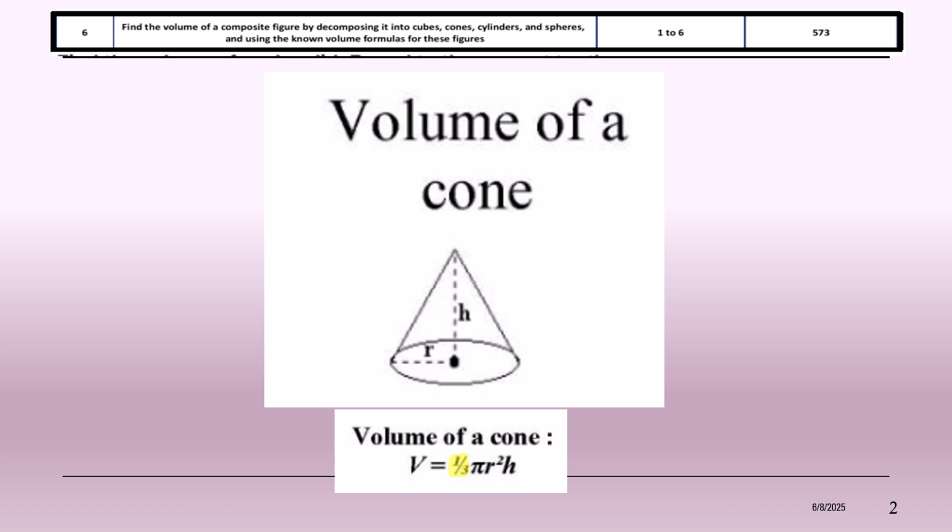So the rest of your formula is the same as the cylinder, which is pi r squared times height. But now you're going to multiply this by 1/3. So once again, the formula for a cone is V equals 1/3 times pi times r squared times height.